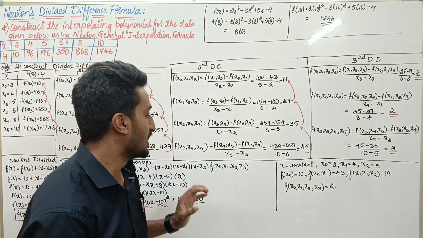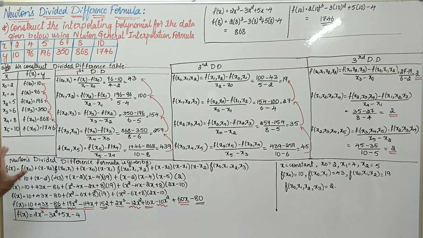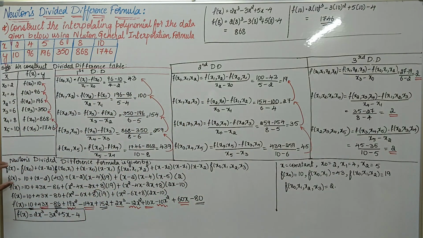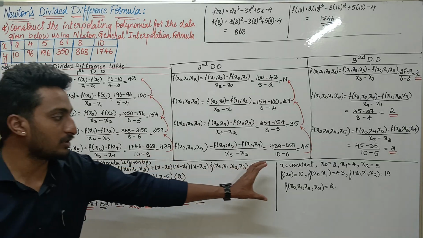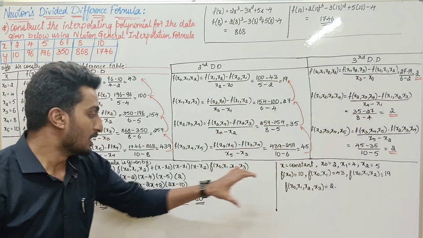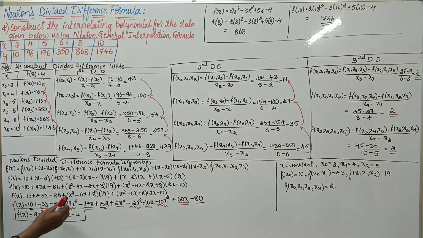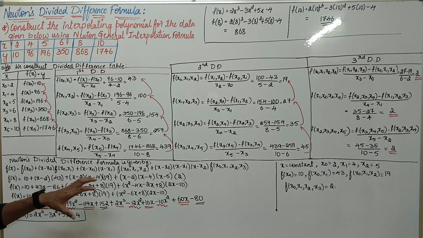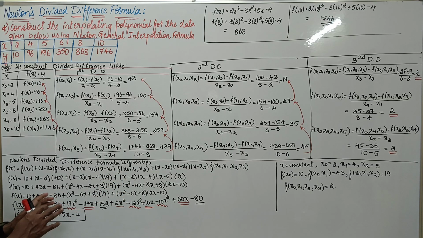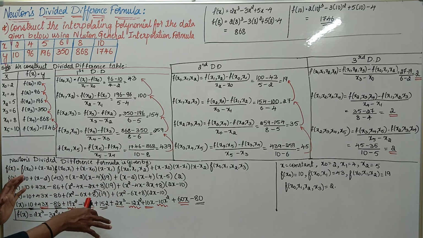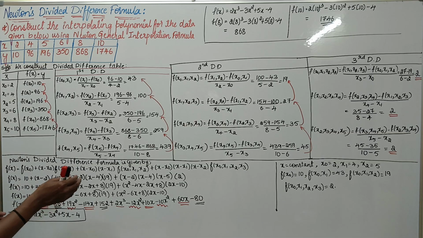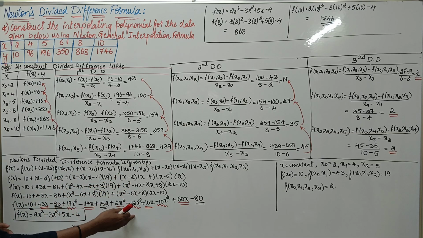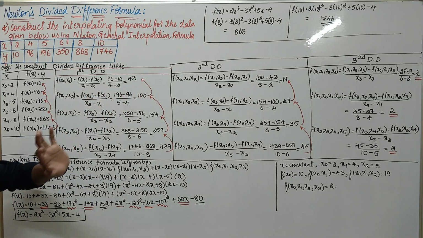After this simplification, represent the Newton divided difference formula. Represent the formula, define the condition whatever required, then simplify step by step. Here we have simplified step by step. Please be careful while simplifying in the calculator, so that there will be no mistakes. After simplification, go term by term, that is highest power, square term, x term, then constant term, so that every condition will be satisfied.